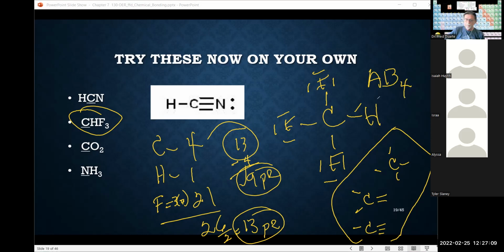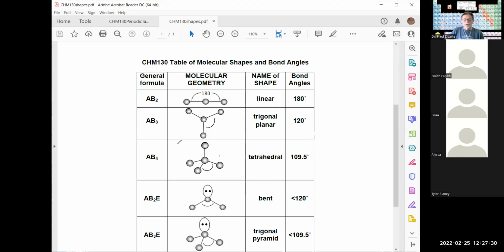We remember B represents anything bonded to the central atom. In this example, we have 1 hydrogen and 3 fluorines. So our general formula for this species is AB4, which, if you recall, is pretty much the standard shape, which is right here, tetrahedral, and it has a bond angle of 109.5.